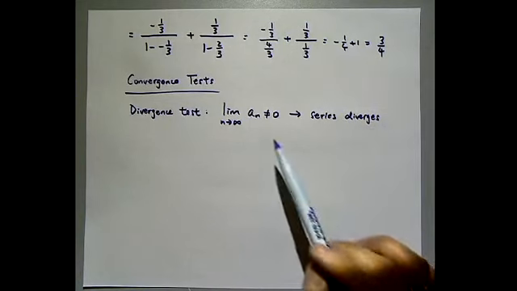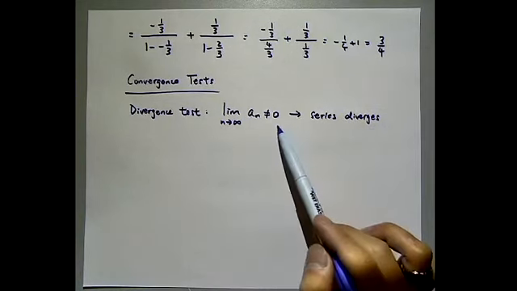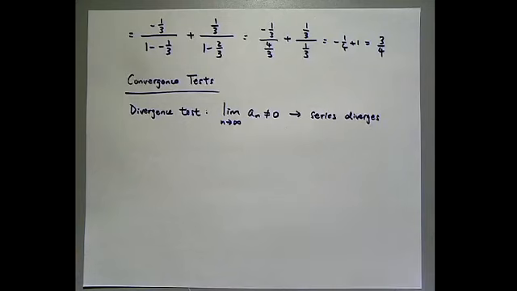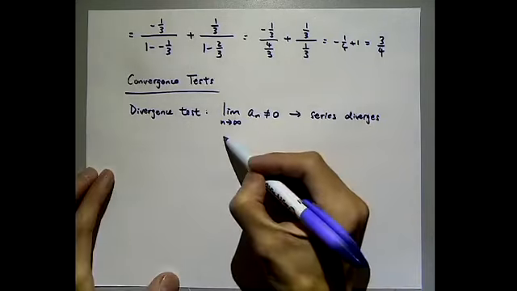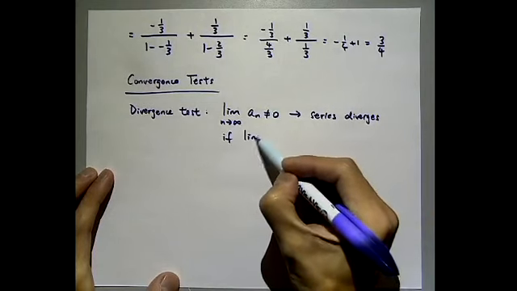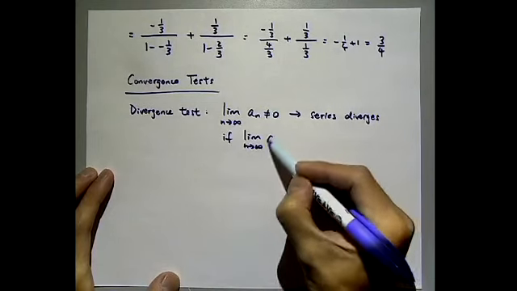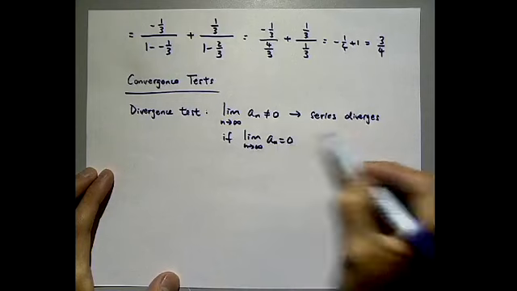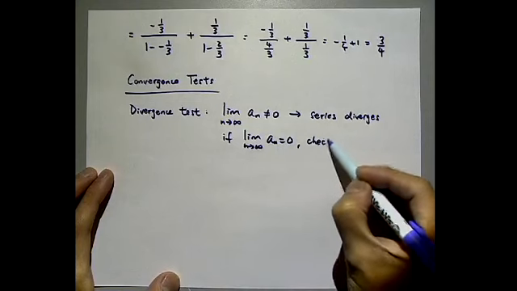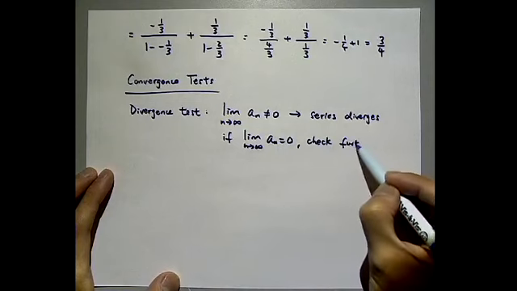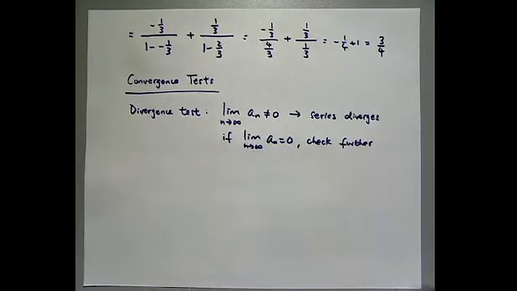If the last term doesn't go to 0, the series is going to diverge, and therefore nothing else to do. But if the limit goes to 0, that doesn't mean anything. It means that there's more to find out.